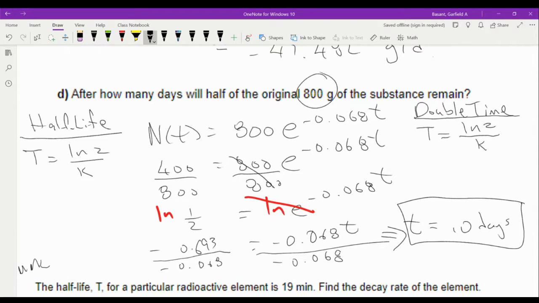So without going through all of this algebra, let's try the ln of 2 over k, which was 0.068. That's our k. The negative is in front of the k, right? So k itself is not negative. So what's the ln of 2 divided by 0.068?